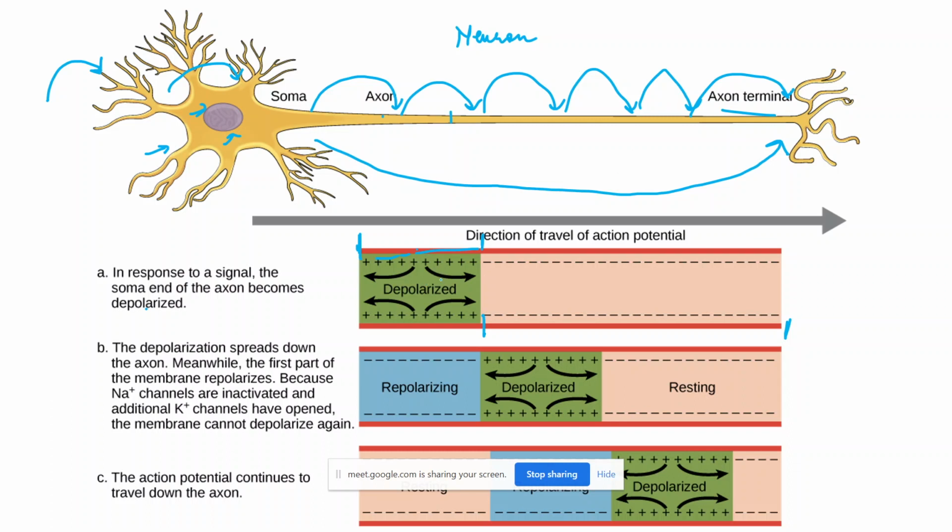As you can see in this diagram, just one part has become depolarized, and this part is still in its resting potential stage. Now slowly this depolarization state is going to spread along the entire length of the axon in small jumps. Once the depolarization travels to another stage, the part which was depolarized is going to become repolarized.